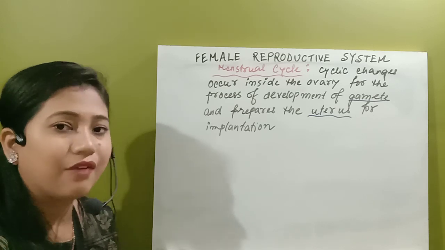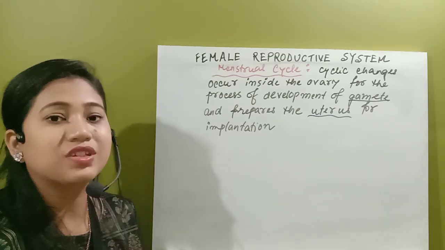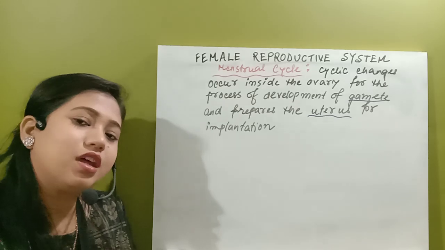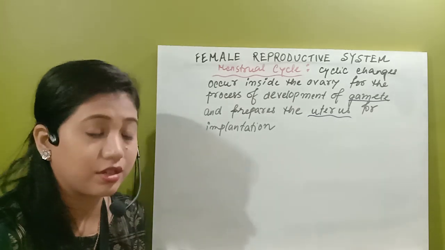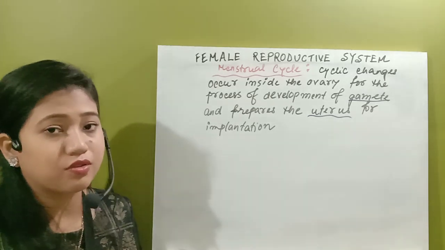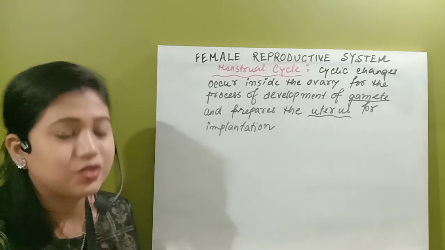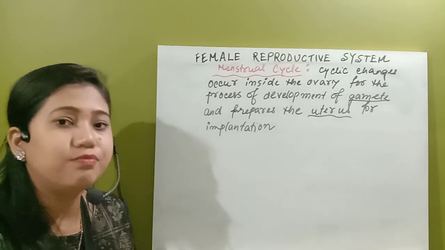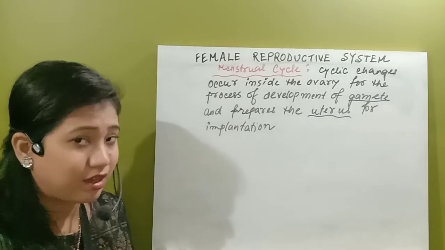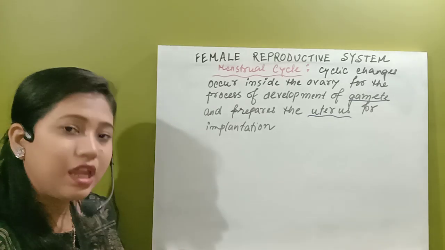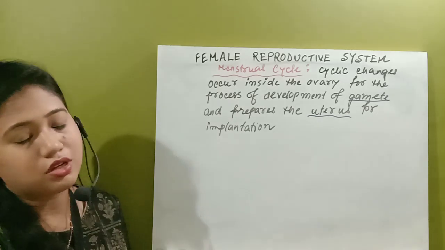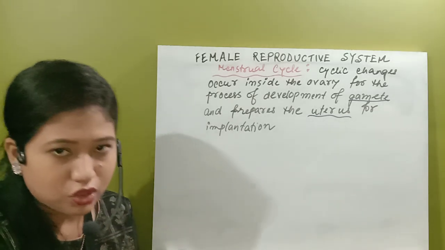That means suppose gametes have been formed, and after that fertilization has occurred, implantation will occur after 72 hours. For that implantation to start, it also prepares the uterus.